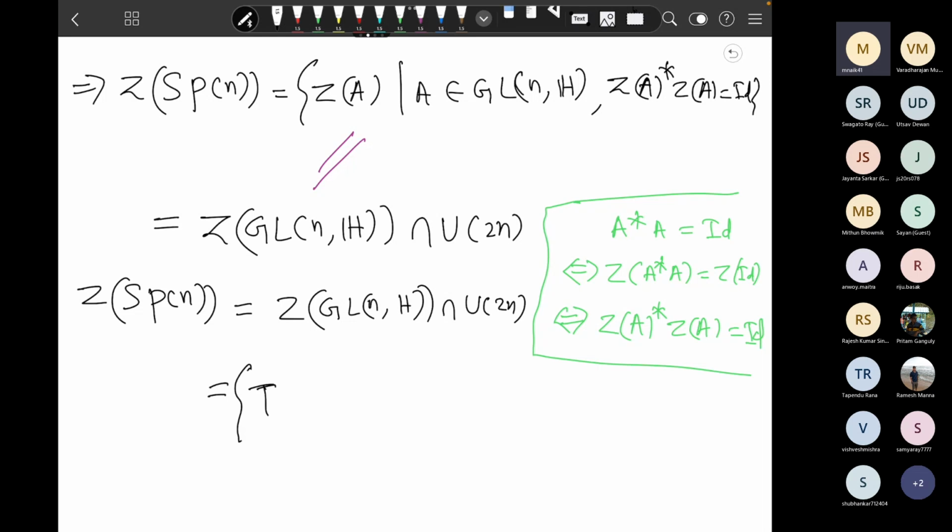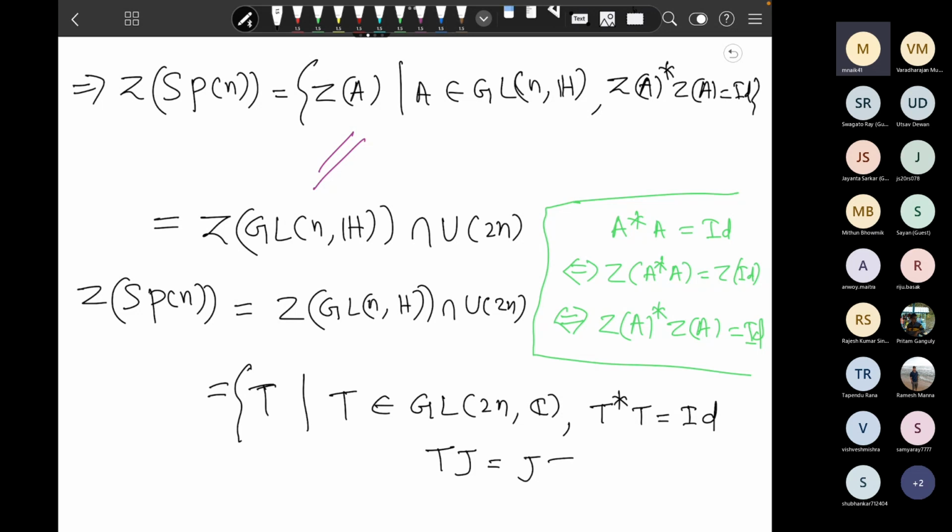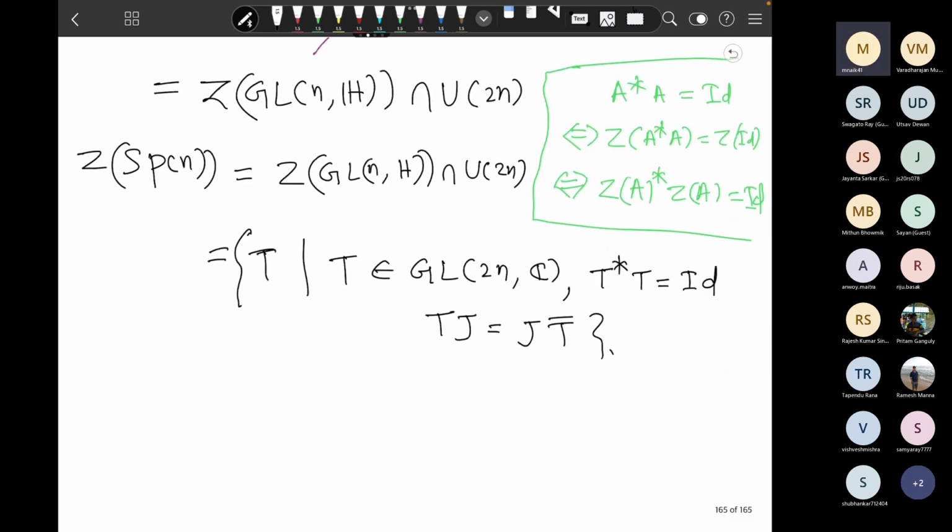If I replace Z by T, so that T belongs to GL(2n,C), then T star T is equal to identity, and there will be another condition, Tj is equal to j T bar.